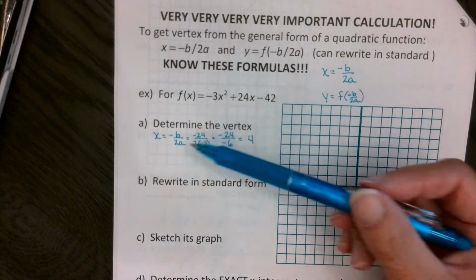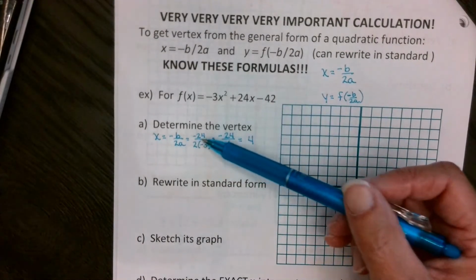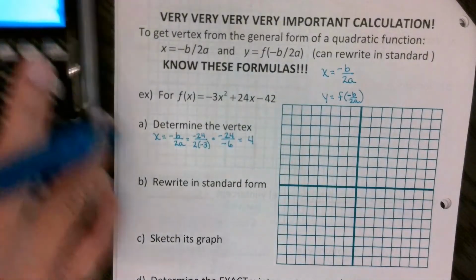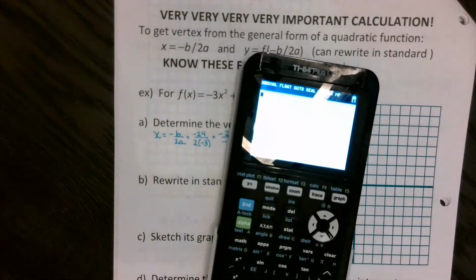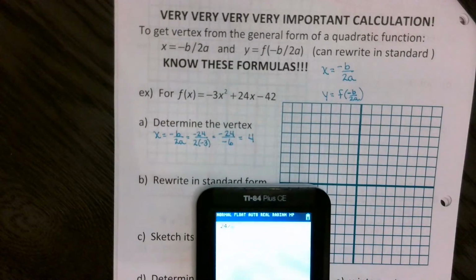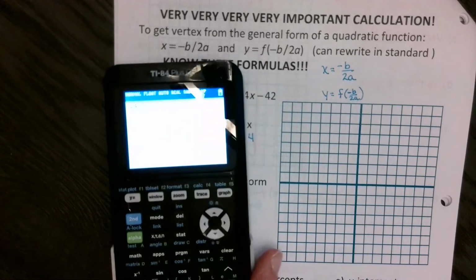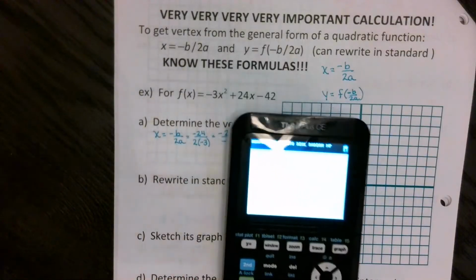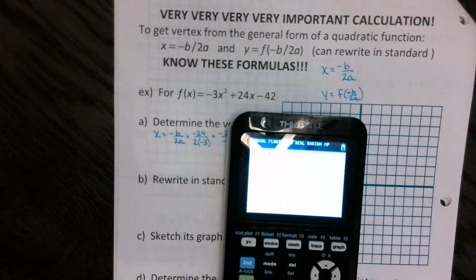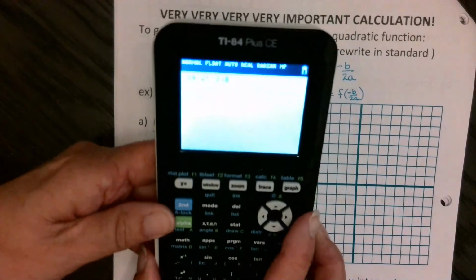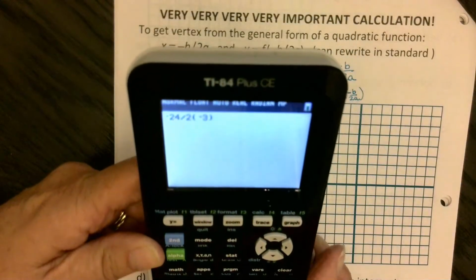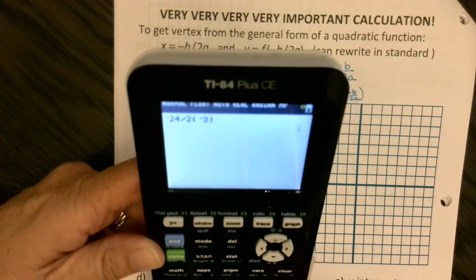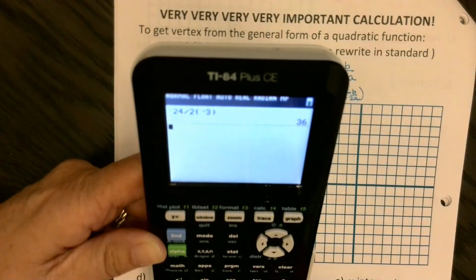Sometimes you will do this: you'll plug it into your calculator as -24 divided by 2 times -3, and it's wrong. I don't know if you can see this, there's a glare in here. Anyway, when you do that, you get 36.